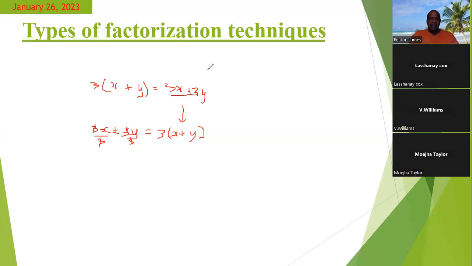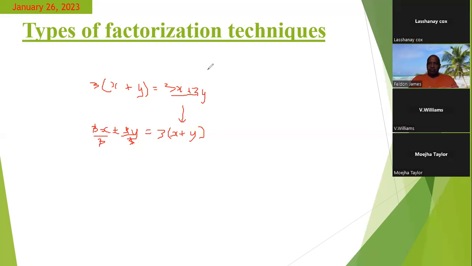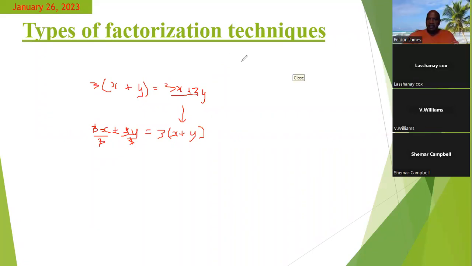Is that clear, guys? Let me see the hand if you understand exactly what I'm saying. If it's not very clear to you, I can review it again. Please, I want you to get that concept clearly now, because this is the concept that we are going to be using throughout this topic.